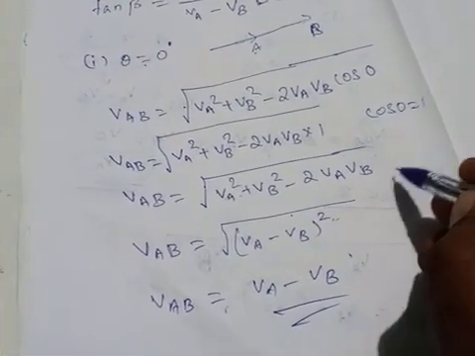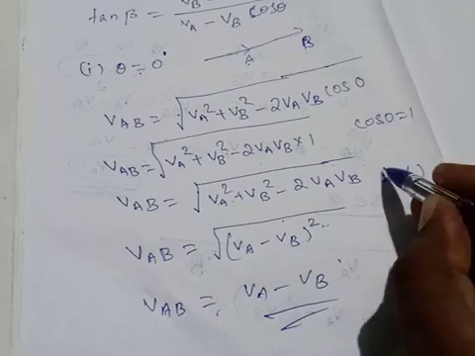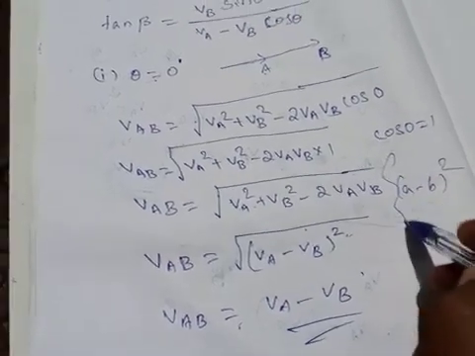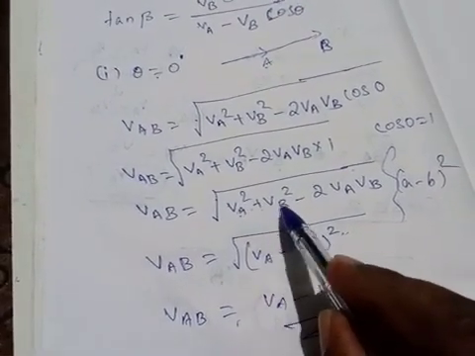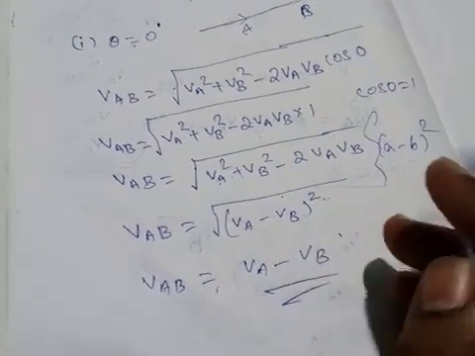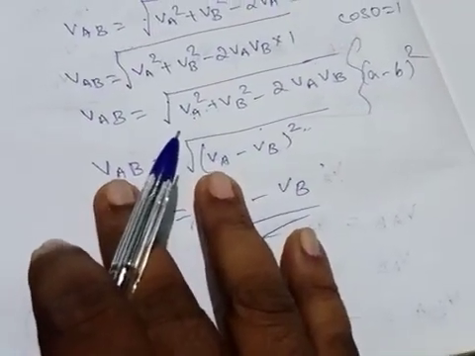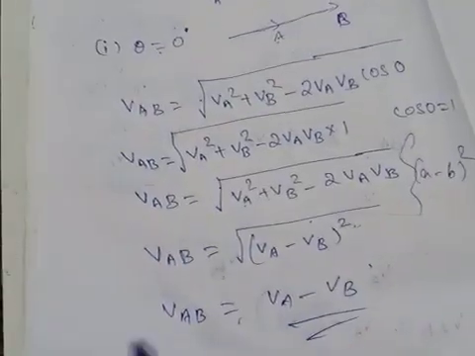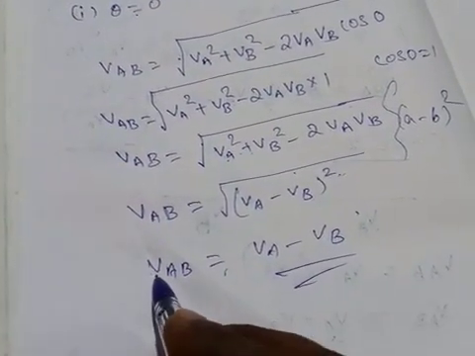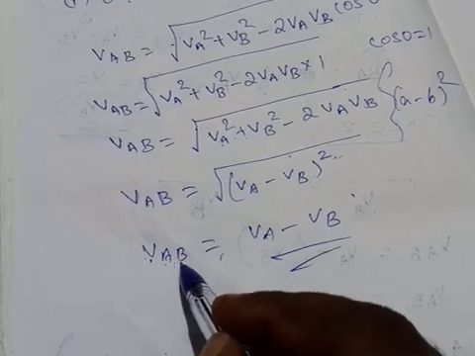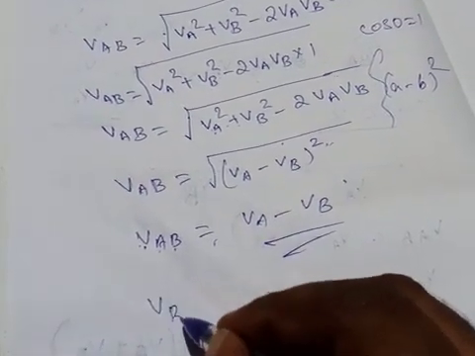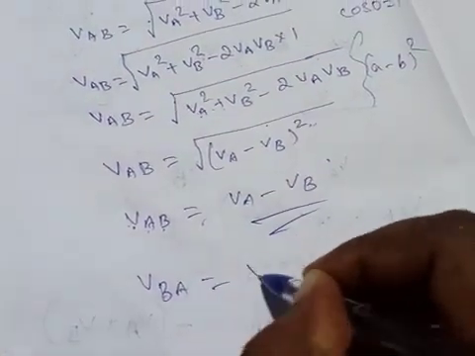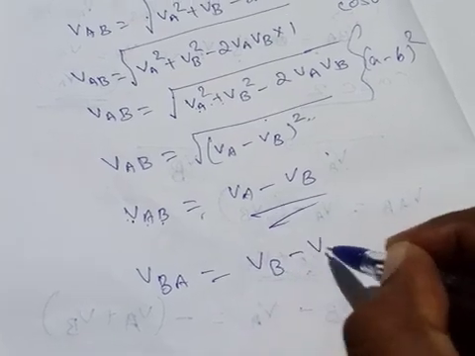This is in the form of A minus B the whole square, A square plus B square minus 2AB. So we are writing like this. This is the relative velocity of the object A with respect to B. The same thing, B with respect to A, we will get VB minus VA.